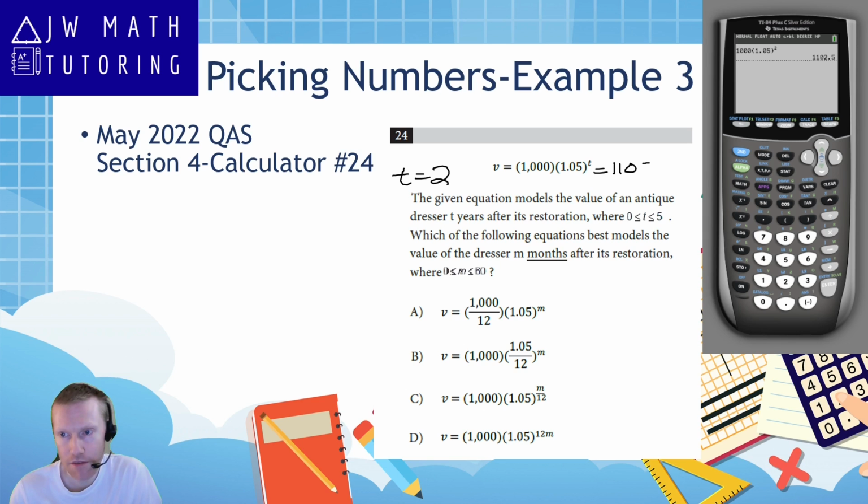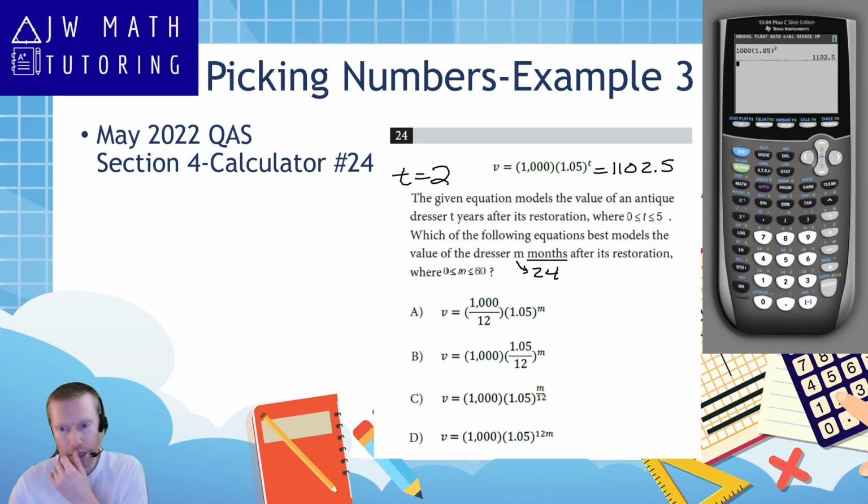So that's the value that I'm looking to match when I plug in the value that we're going to have to use for m down here in the answer choices. So if t is 2, meaning 2 years, then m will have to equal 24, because 24 months is the equivalent of 2 years. We just take 2 multiplied by 12, because there's 12 months in a year, and that gives us m equals 24.